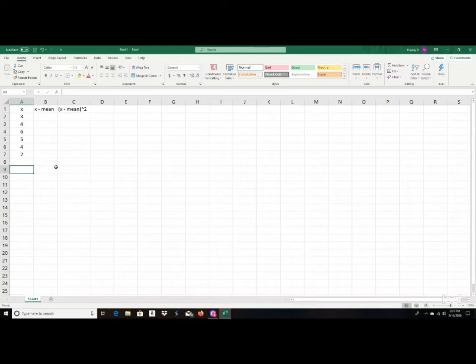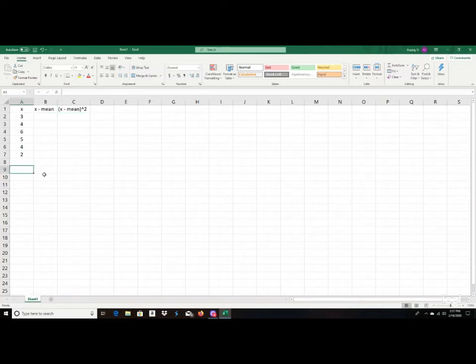So maybe they want to try it by hand in Excel, which you can. I label it the same way with the data values of x minus the mean, and here you go. I'm going to do step 1, then step 2, then step 3.